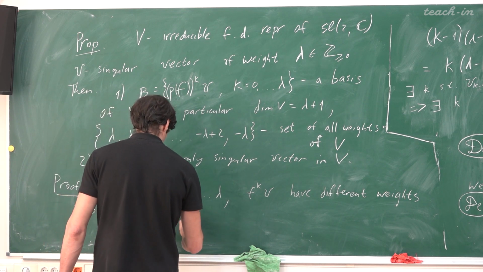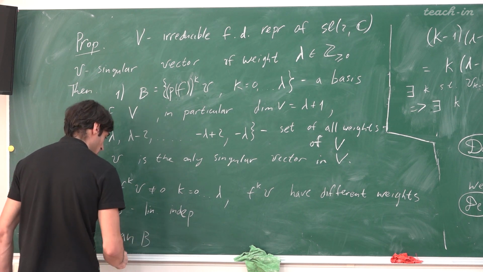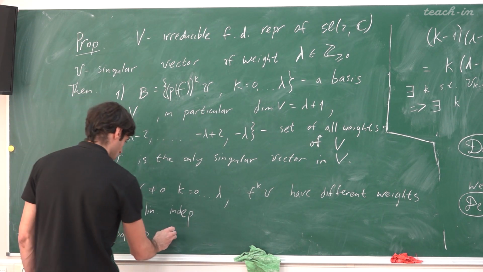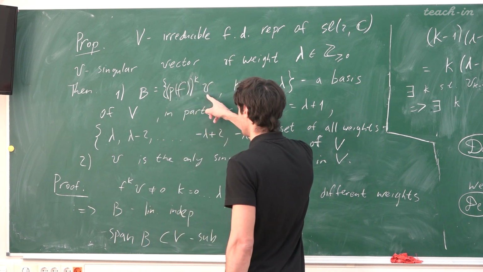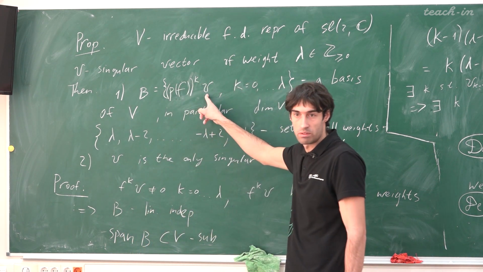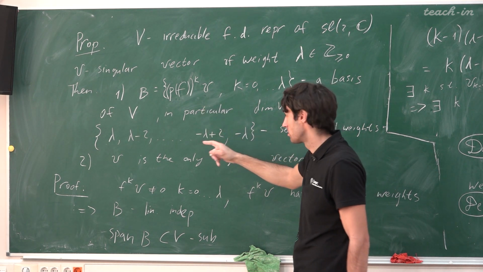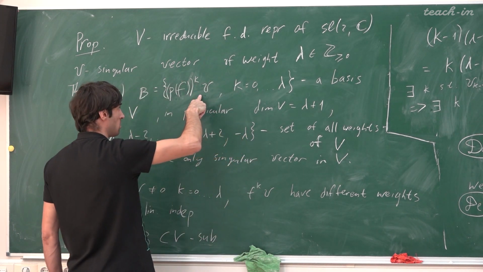On the other hand, if I consider span of B, it is a subrepresentation in V. All such things are closed under the action of E, F and H. We have all the formulas. H just acts by multiplication by numbers.